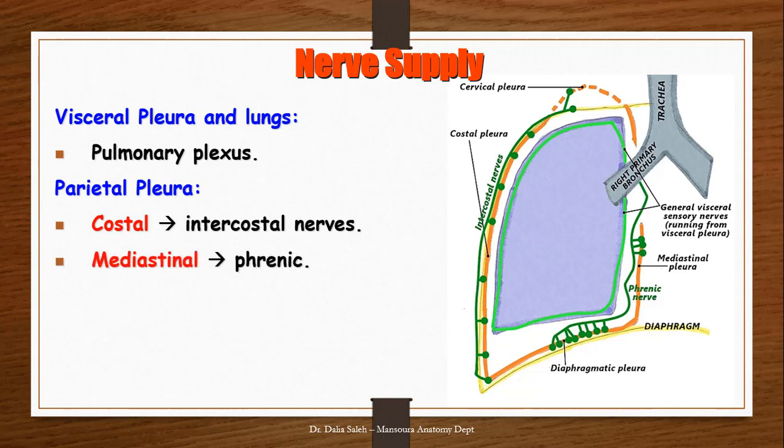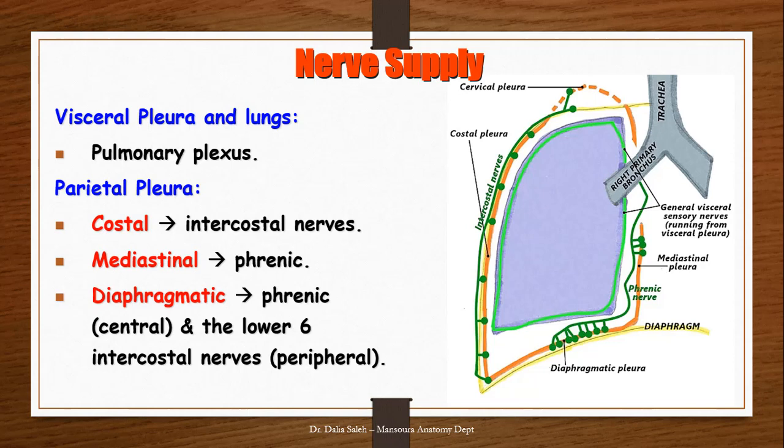The mediastinal pleura is supplied by the phrenic nerve, which lies on each side of the pericardium. The diaphragmatic pleura will also be supplied by the phrenic nerve, which is responsible for supplying the central part of the diaphragmatic pleura, and from the lower 6 intercostal nerves, which will supply the periphery of the diaphragmatic pleura.